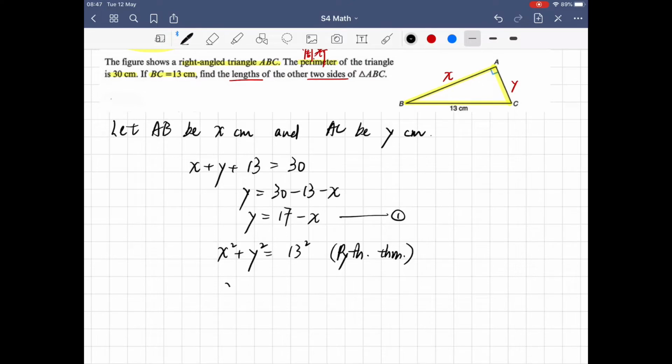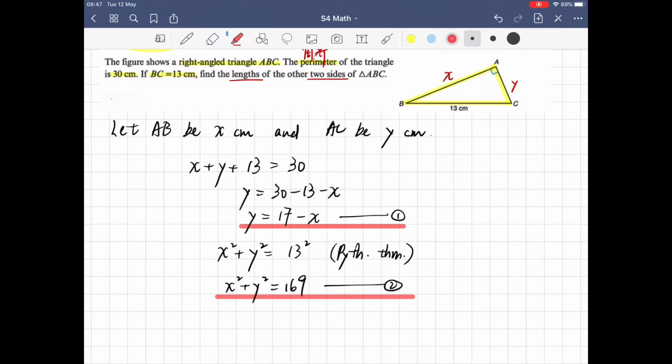Okay, and therefore x squared plus y squared equals 169, and this is our second equation. Okay, so as you can see, now we have two equations. Okay, then we can solve the unknown.